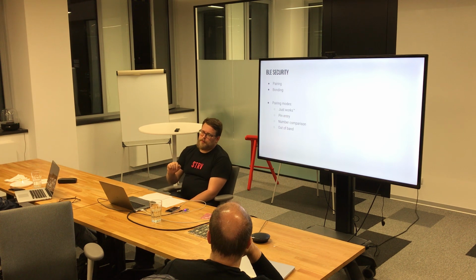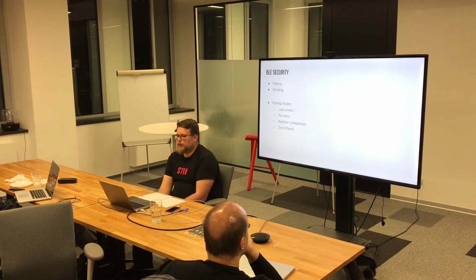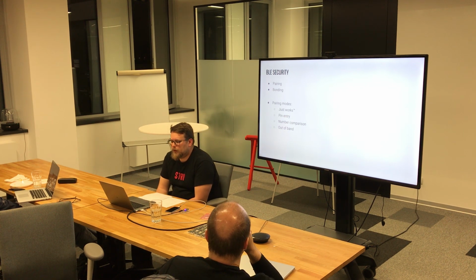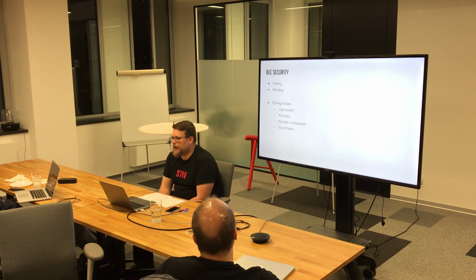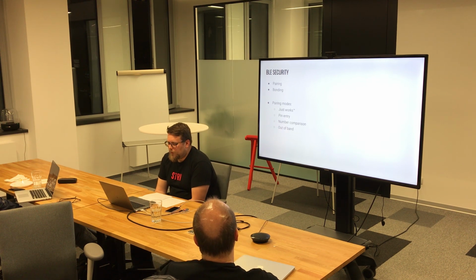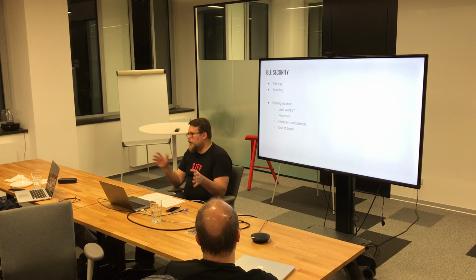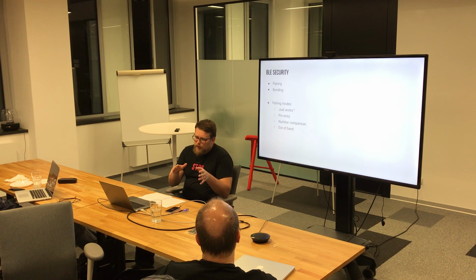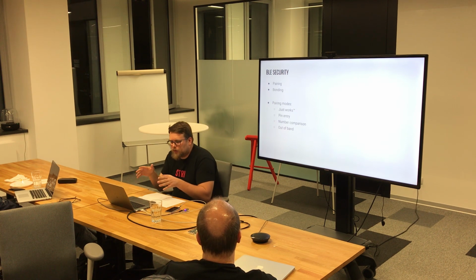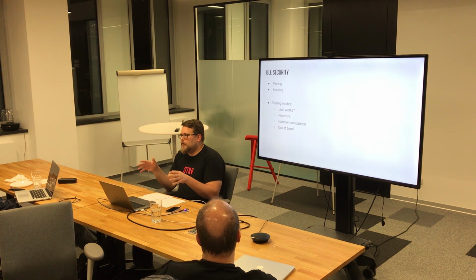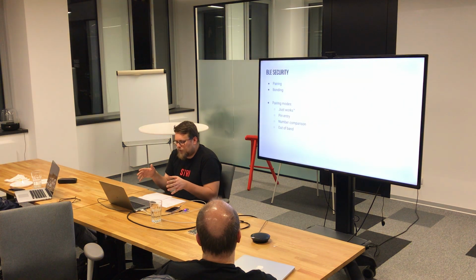So, the BLE security. There are two terms that you may encounter, and this is pairing and bonding. Basically, pairing is the process of exchanging encryption keys, and there are several ways how to do pairing, more or less securely. It depends heavily on how the device is built and usually how expensive it is.